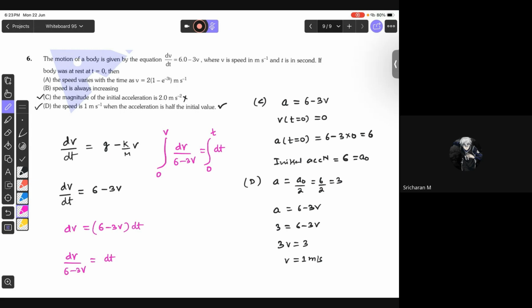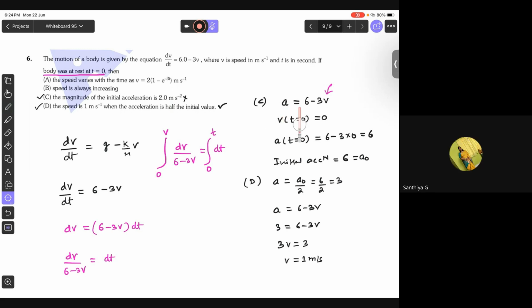At t equals 0, how acceleration is not 0, you're asking, no? It is given that at t equals 0, the body was at rest. So we know acceleration in terms of velocity, and at t equals 0, velocity is 0. So put v as 0, what does a become? 6.